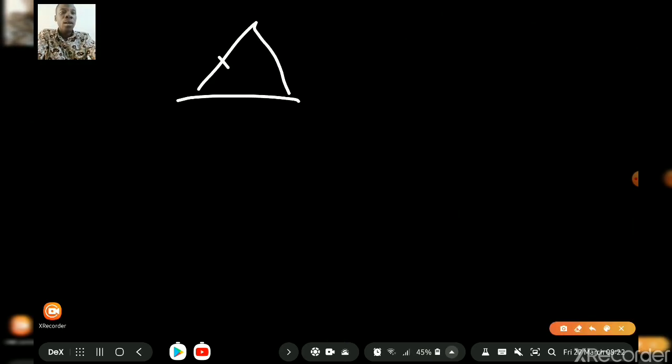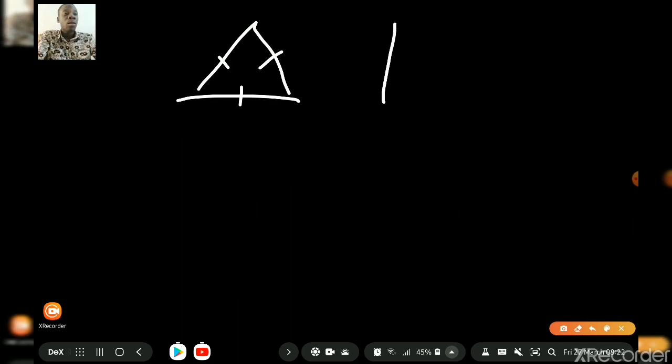An example of a regular polygon is an equilateral triangle. All the sides are equal, all the angles are equal, which is 60 degrees in each angle.